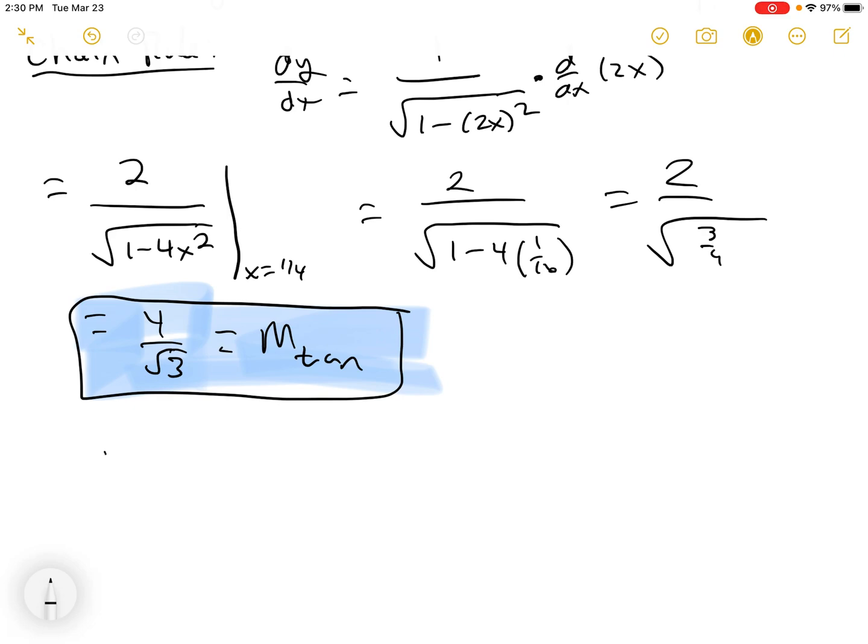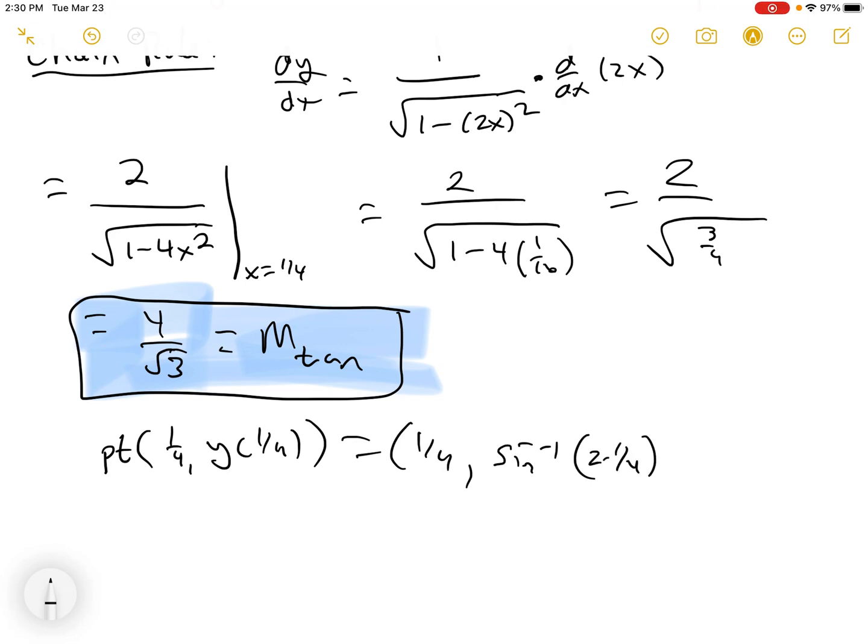So we want the point on the line. The point on the line is 1/4, y of 1/4, which is sine inverse of 2 times a fourth, and that's the sine inverse of a half.